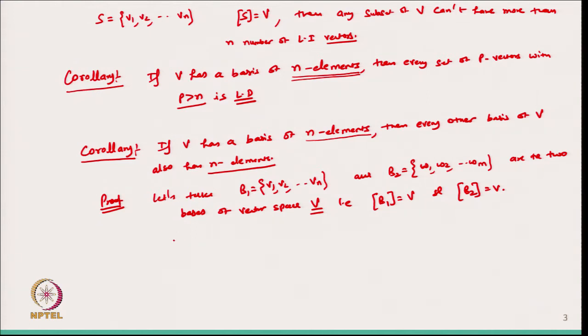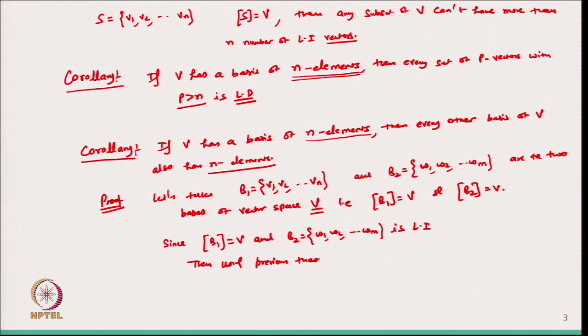Now, since B1 spans V and B2, that is W1, W2 up to Wm, is LI, then using the previous theorem we have that m will be less than or equal to n.